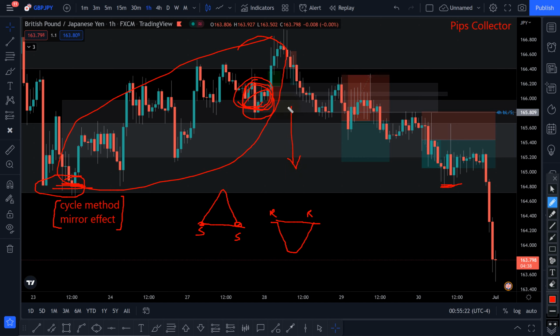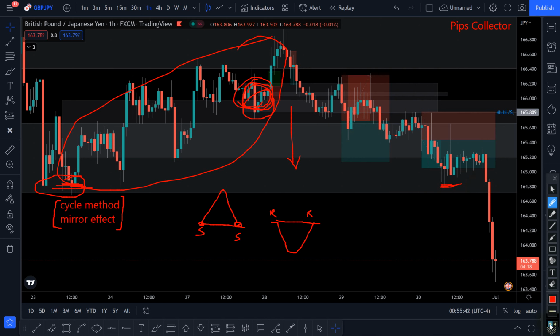The only difference is that the mirror property of this effect is that it did not come very strong. It was weak. And if you were watching all the forecasts, you understand why this bearish move was weak.